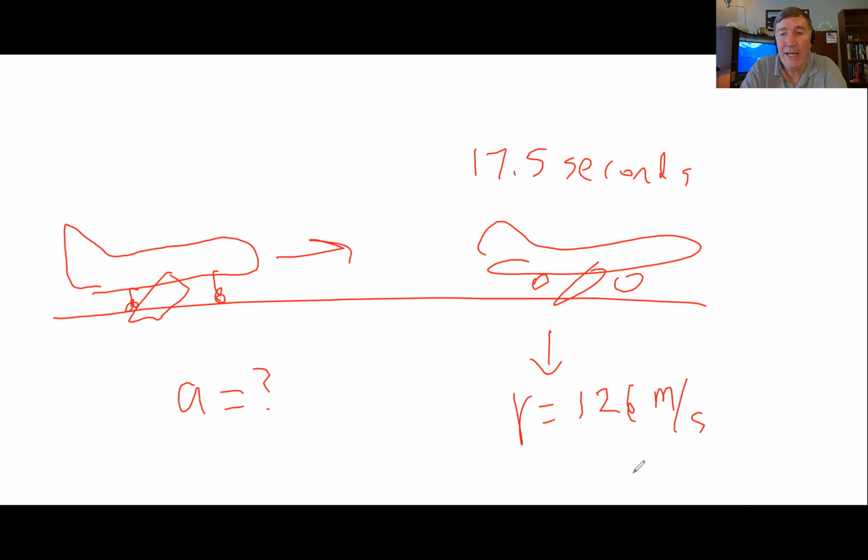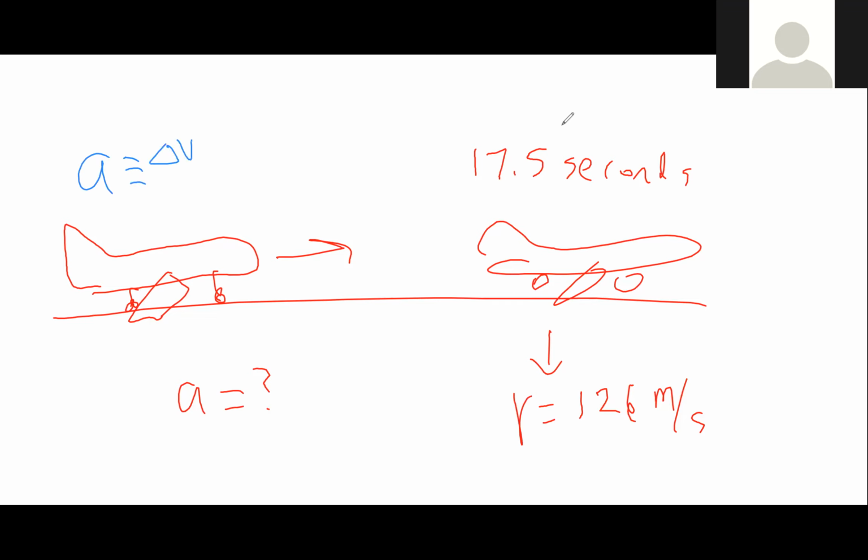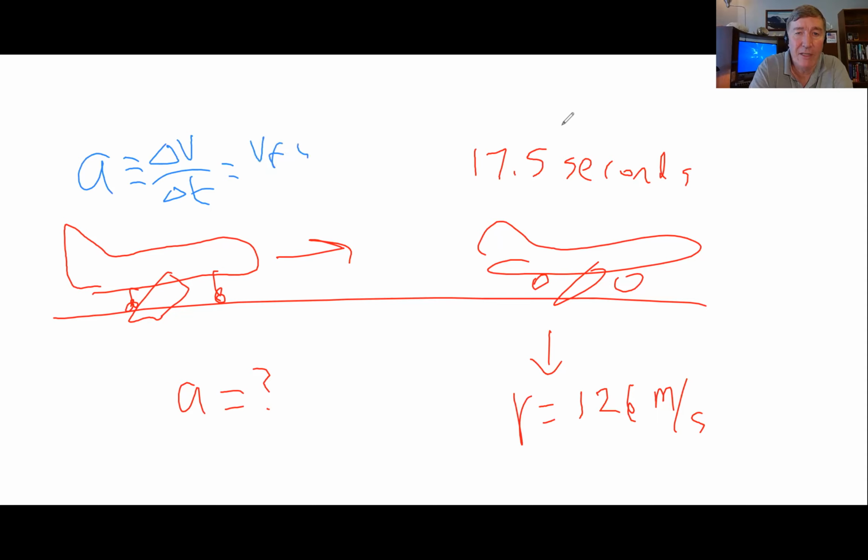Okay. So Lila, would you be willing to tell us how you got it? Yeah. So I know that acceleration is the change in v over change in t, which is also v final minus v initial over t final minus t initial. Okay, and then what did you do next?